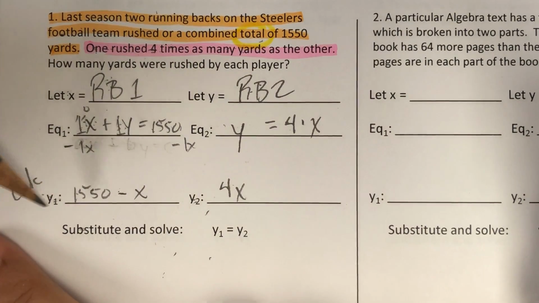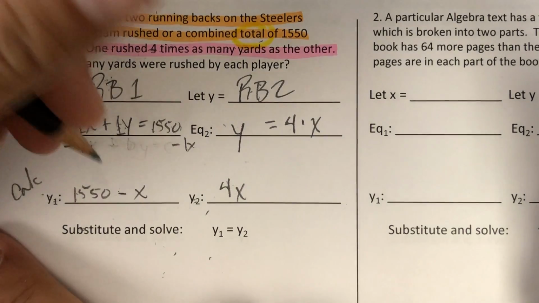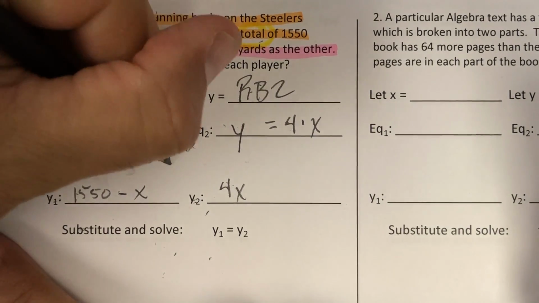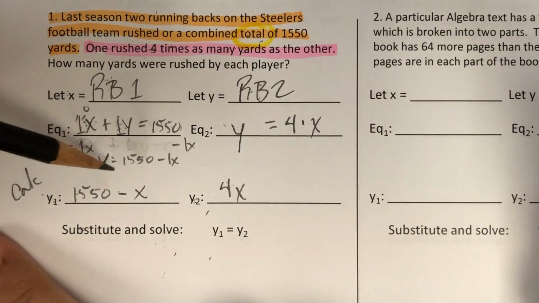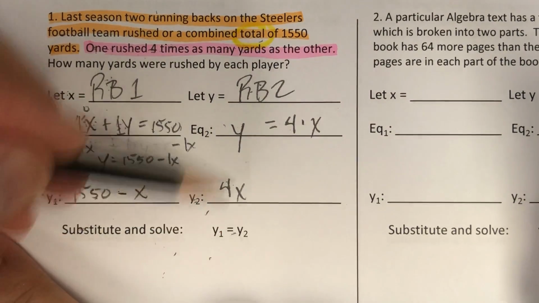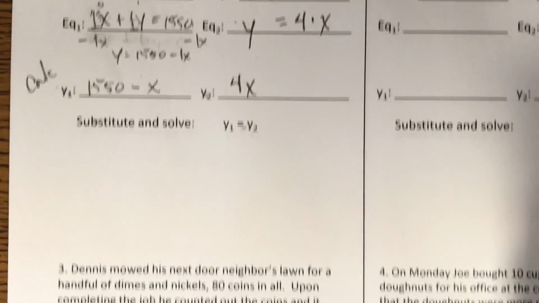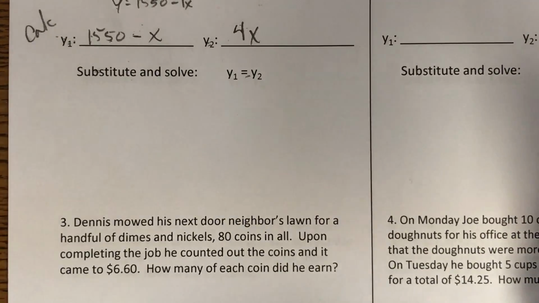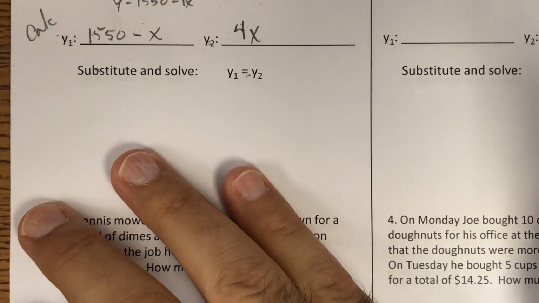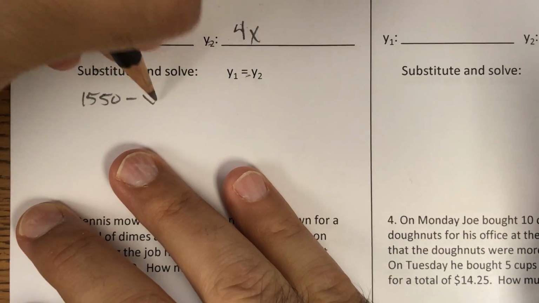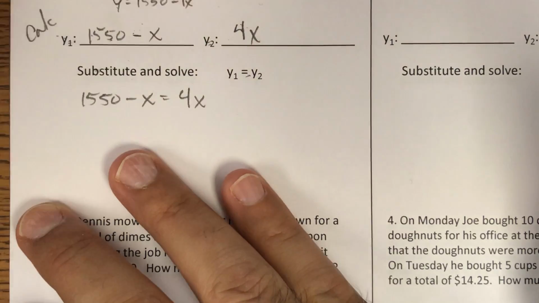So here's the first equation solved for y, and here's the second equation solved for y. Let me just rewrite that for completeness' sake. Okay? So now we can set them equal to each other and solve for x. 1,550 minus x equals 4x.